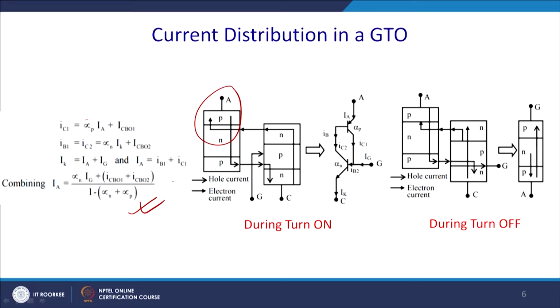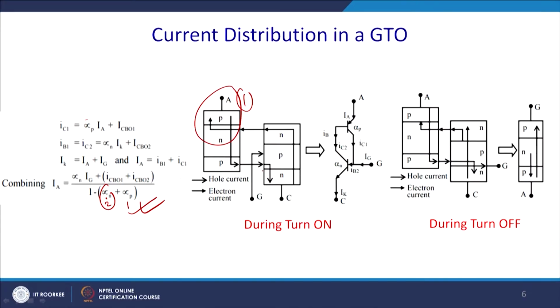You can see that this corresponds to alpha 2 and this corresponds to alpha 1, the same as here, represented by alpha n and alpha p, with the upper transistor as transistor 1 and this one as transistor 2. So, the gate turn on operation is the same as that of the conventional thyristor.